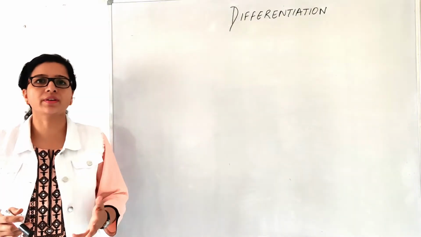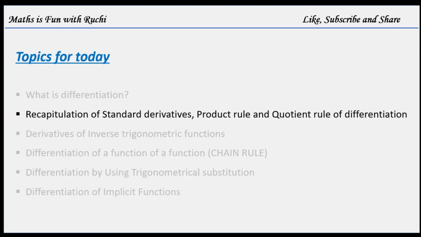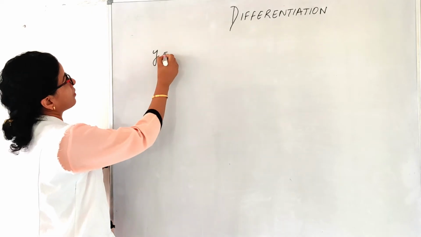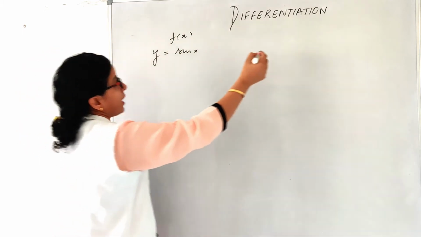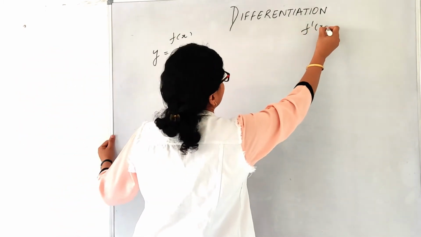So let us start with the recap of the points. First of all, I will tell you the derivatives of the standard functions. So we have y is equal to sin x. So this side is my function and here is my derivative of the function.